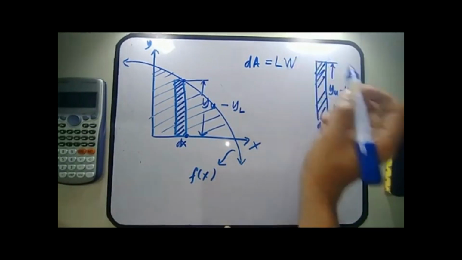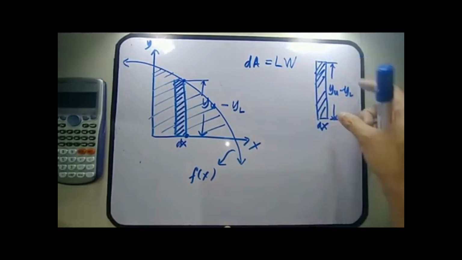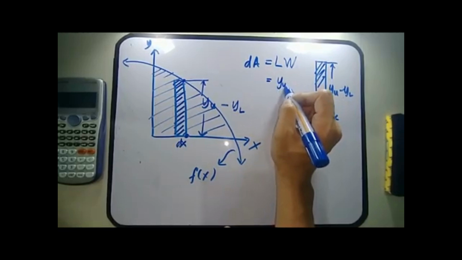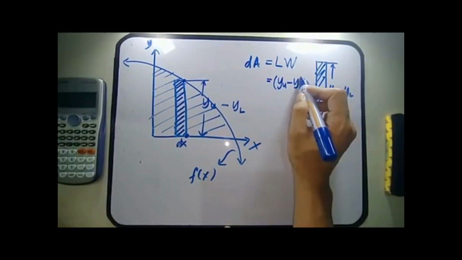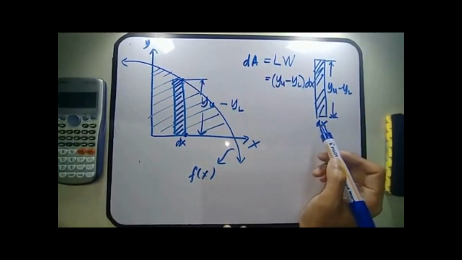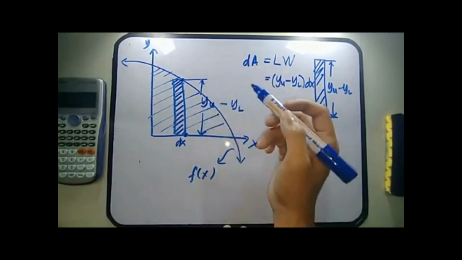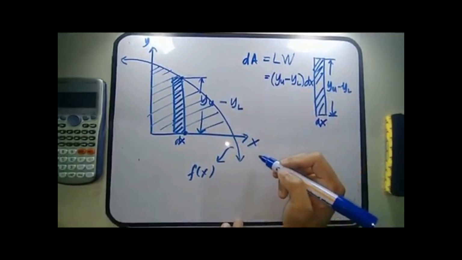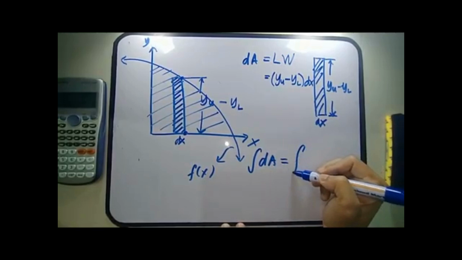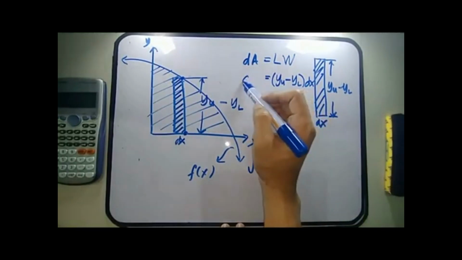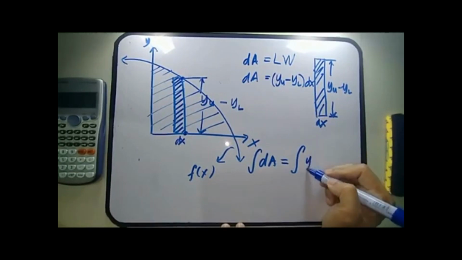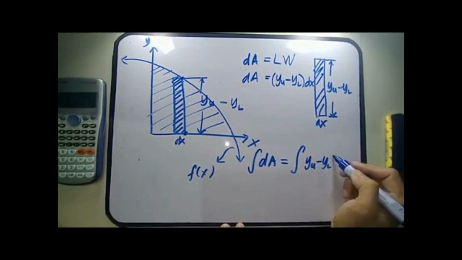So the area is, of course, a rectangle. It is length times width. So this is a vertical rectangular strip: y sub u minus y sub l times differential x. So that is our differential of area. Now, integrating both sides, we can extract that area. So the integral of differential area is equal to the integral of y upper minus y lower times differential of x.